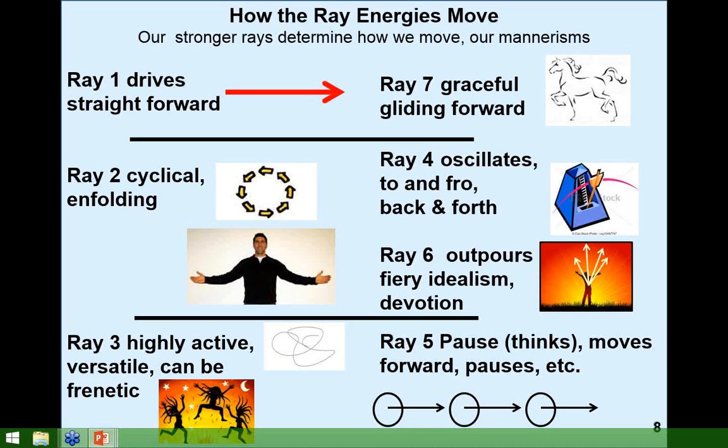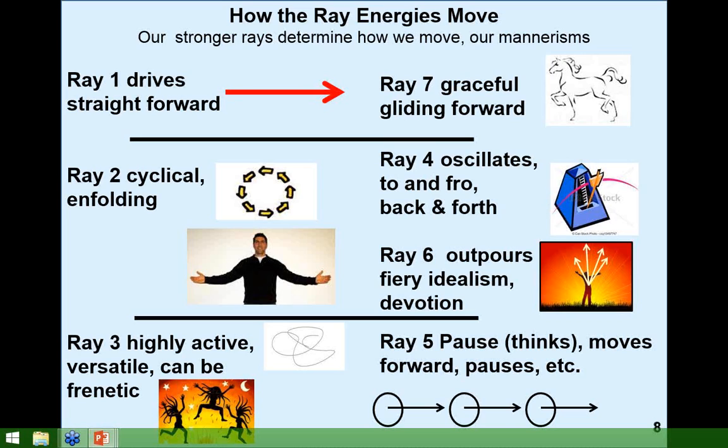And I've got a little horse there, and just imagine that clopping forward in a very graceful manner. So still moving in a forward direction, but in a much more orderly fashion. And of course, ray 7 is the ray of order and ceremony and magic, ritual.